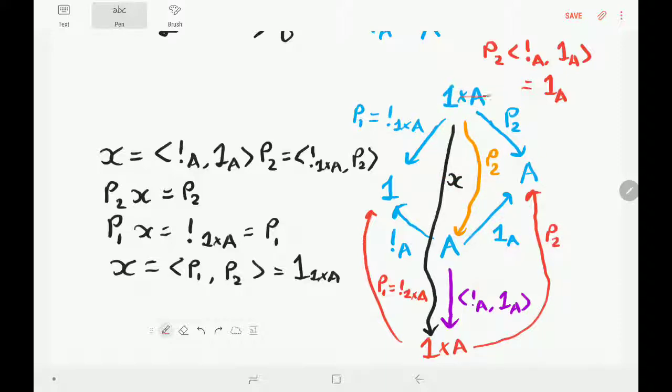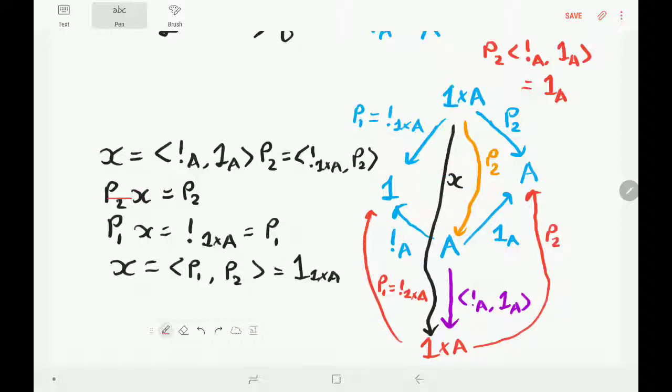And that has to just be the identity of 1 times a. So if we can show that p1x is p1 and p2x is p2, then it follows from the uniqueness of an intermediary arrow from this product to itself that x has to be the identity arrow.